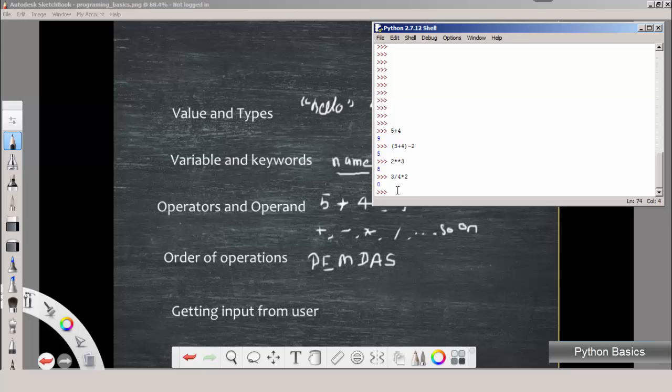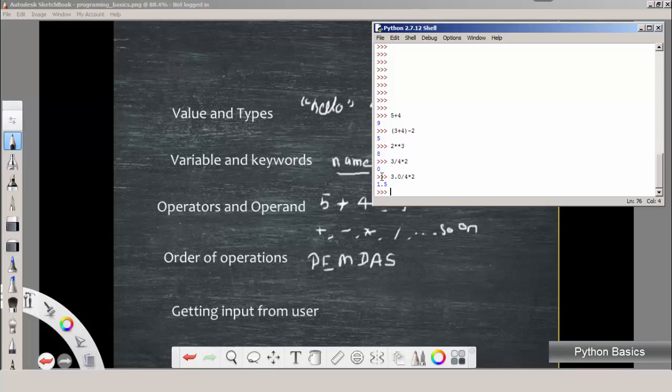Why is it returning 0? The answer is simple. If you are using the symbol 3 divided by 4, it will return the integer value. If I use 3.0 divided by 4 multiplied by 2, it will return the output now. The output is 1.5.